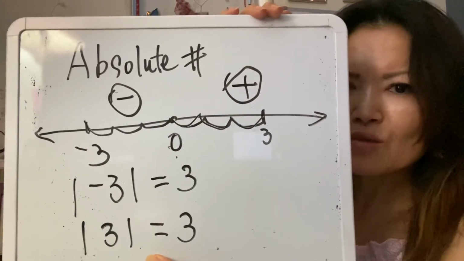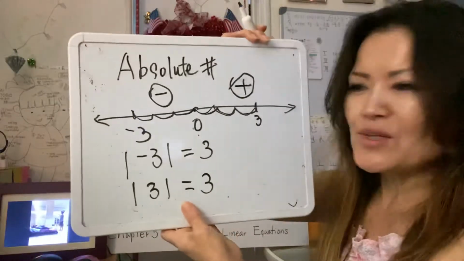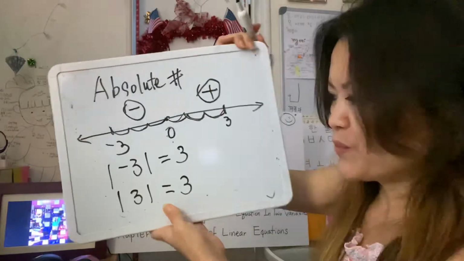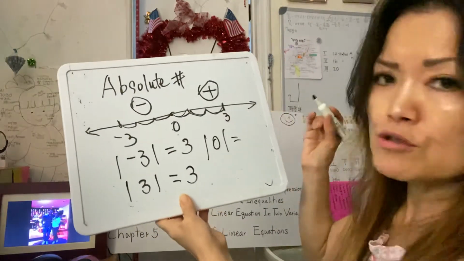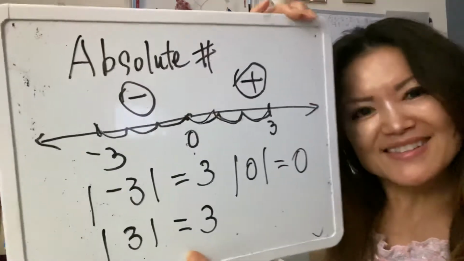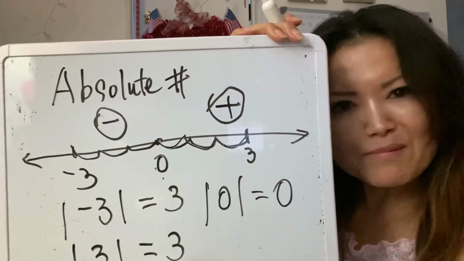It doesn't matter whether you go to the left or to the right. We are only looking for the distance from 0. How about Miss Sonny, the absolute value of 0? Yes, it's 0. Okay, it's easy, isn't it? Please remember that it can never be negative.